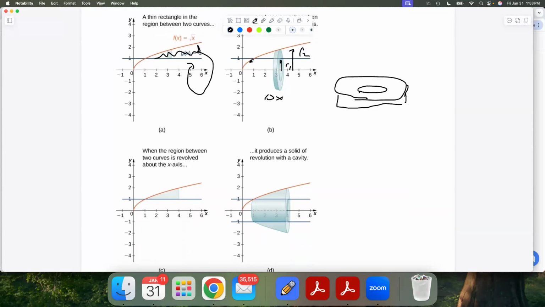Here would be the bottom of my curve, I would have some small washer that only goes to here. So this would be my inner radius right here, and this would be my outer radius. Oh, I went too far right there. Okay, so you see that little washer, some little thickness, delta x, and we're stacking all these up. So imagine getting a bunch of different size washers, stacking them all up, and building this volume.